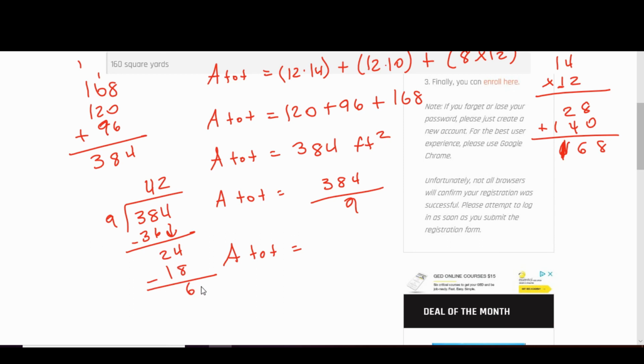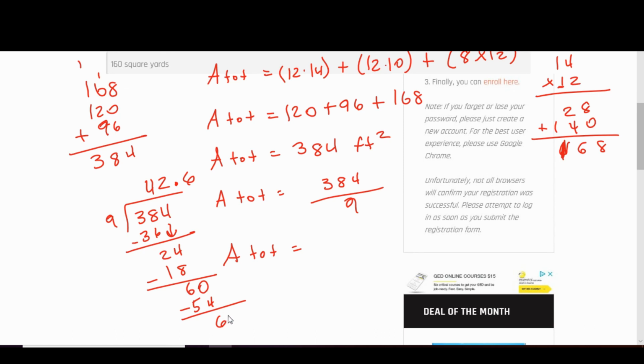9 doesn't go into 6, so we have to add a 0. By adding that 0, we have to add a decimal. 9 goes into 60 6 times without going over. 9 times 6 is 54. 60 minus 54 is 6. So we're left with the same thing.